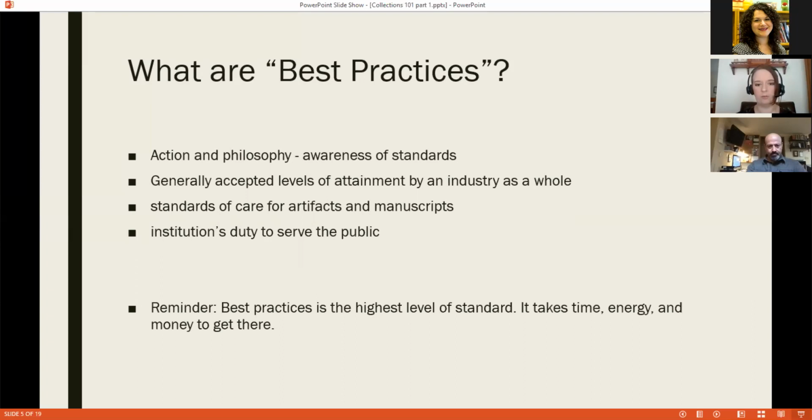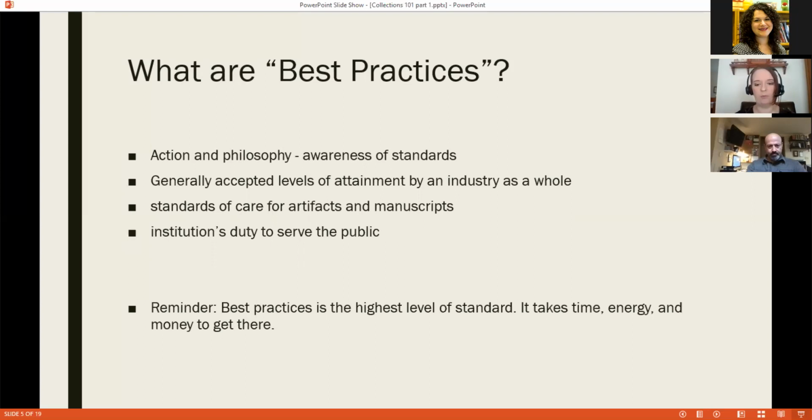For historical institutions in particular, it's standards of care for artifacts and manuscripts, and it highlights the institution's duty to serve the public and provide these things for them. Best practices, I always say, are the highest level of attainment. Think about how the Smithsonian is always looked at as one of the most amazing institutions, and they have a lot of resources to get to that highest level of best practices and providing things to people.